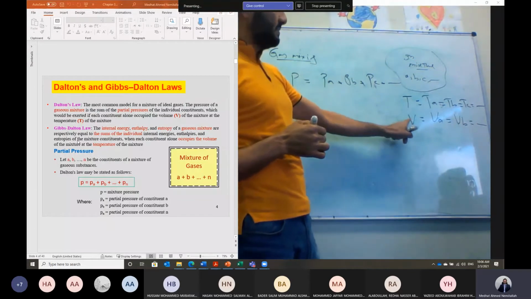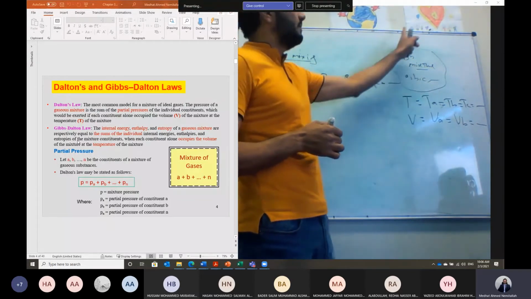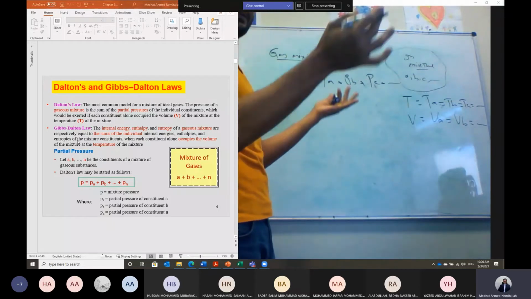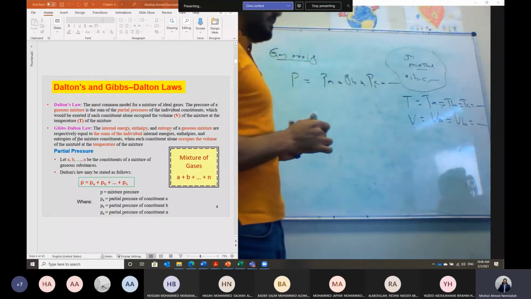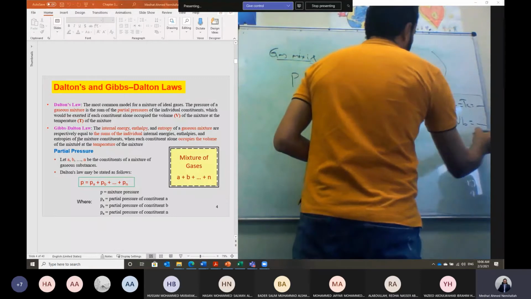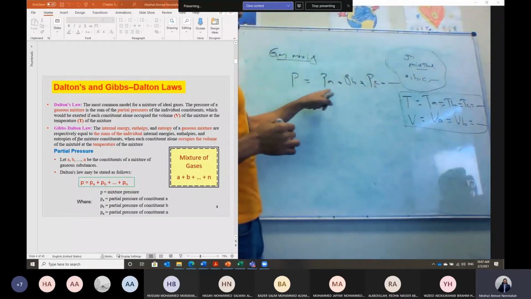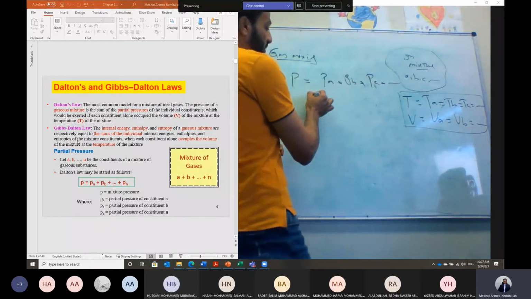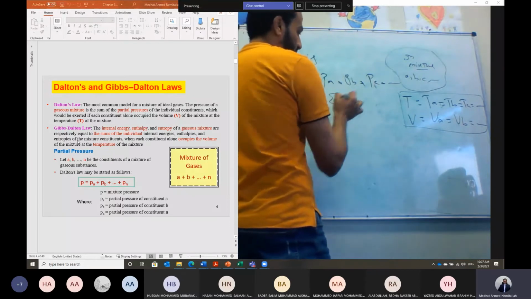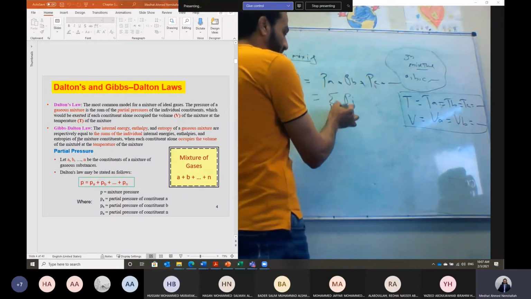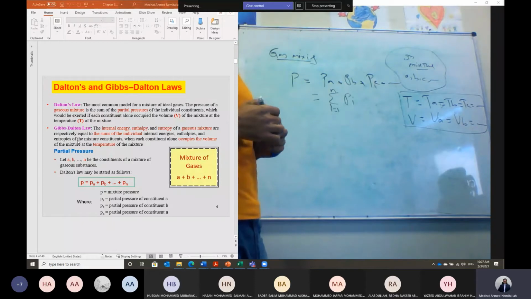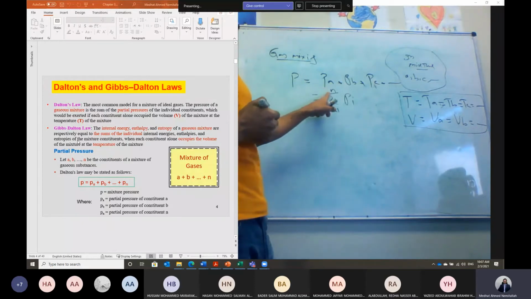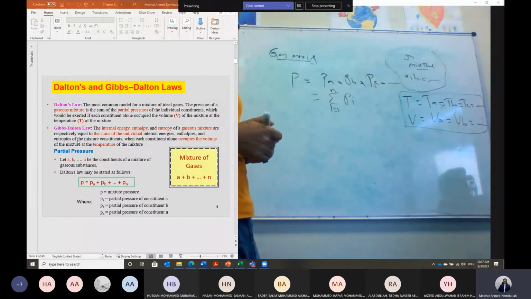Every species occupies the whole volume, because gas expands to fill the whole space. Under this condition, the summation of the partial pressures equals the total pressure, the summation from i equal to 1 until n, where n is the number of components.